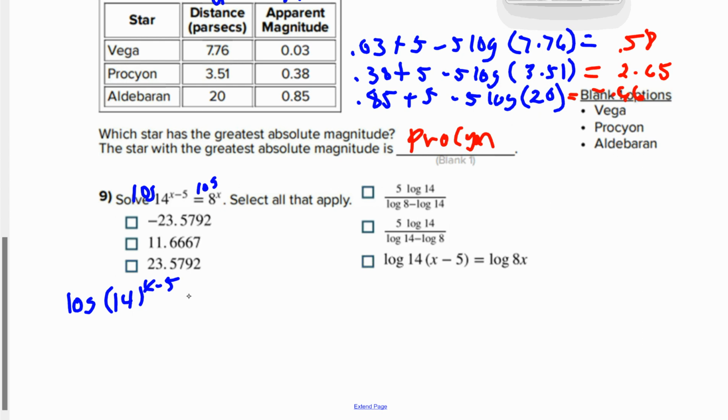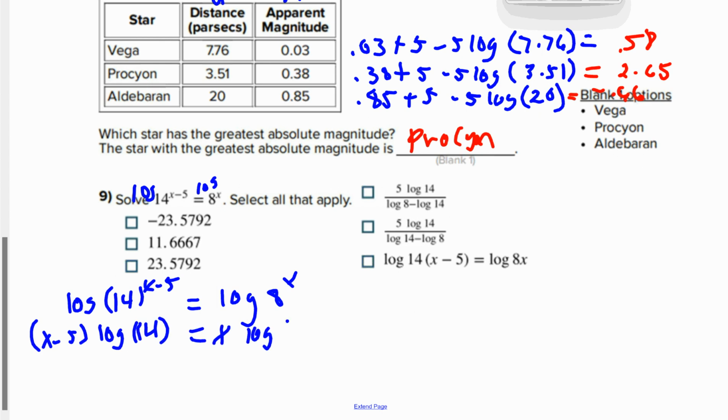The properties of logarithms say that if I have the log of something raised to an exponent, I can multiply the log by that exponent. So I can rewrite this as x minus 5 times the log of 14, which is really just some number, equals x log of 8, which is also just some number.